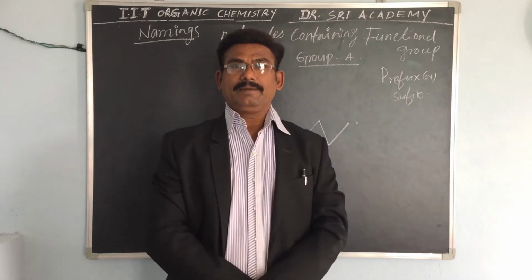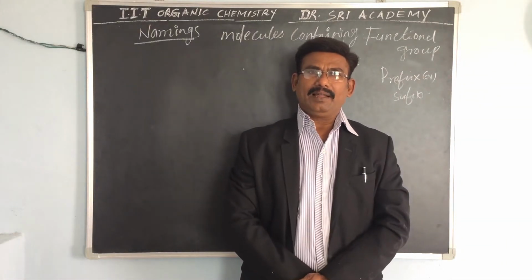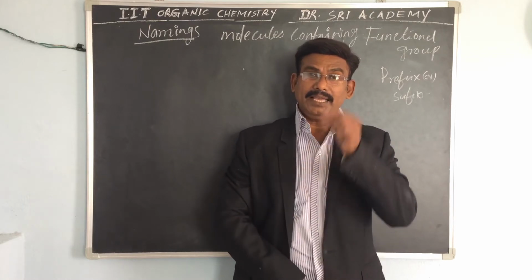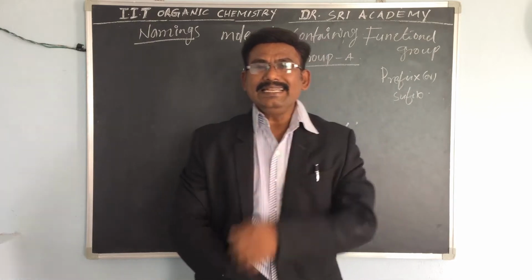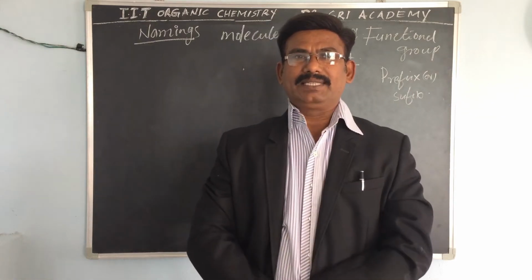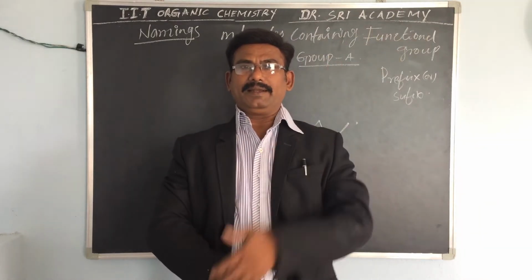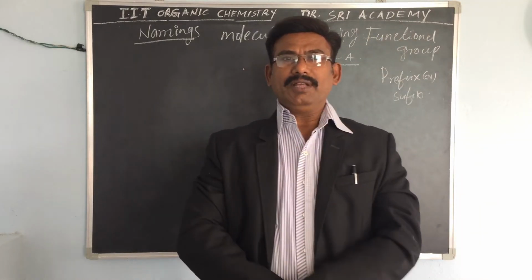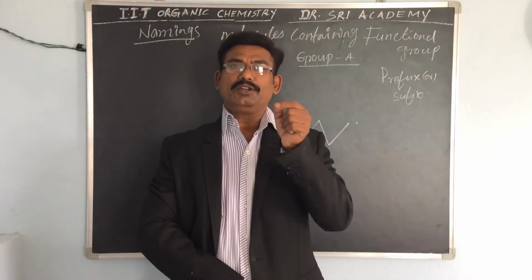The group of highest priority is indicated by the suffix. You have to give the first priority, the highest priority, by the suffix. That is important. You have to remember.